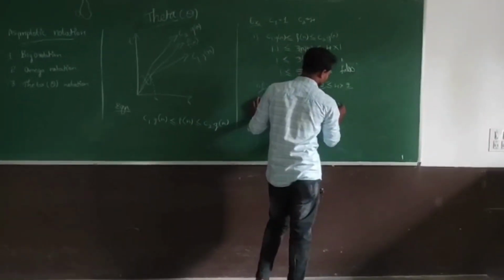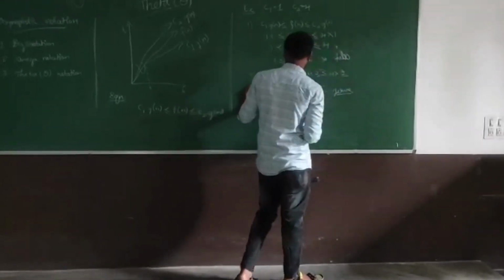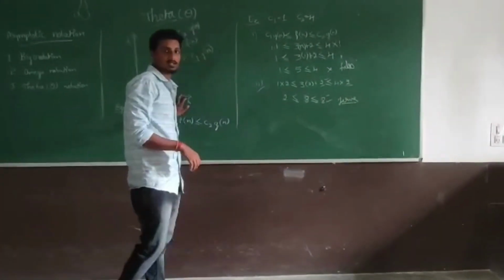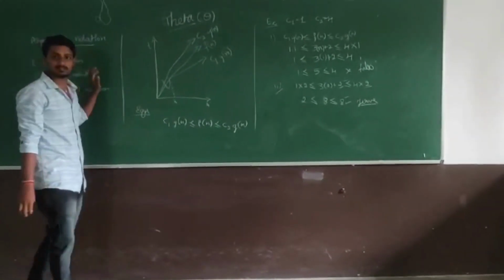This condition is satisfied and the condition is true. This is the theta explanation of asymptotic notation. Thank you.